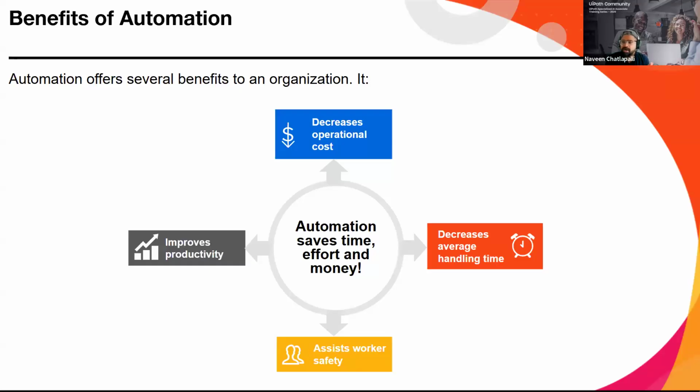If you put an automated invoice processing automation in that place, it completes within minutes or seconds and decreases the average handling time. And worker safety doesn't come into the software picture because there is no harm of any such sort. So improving productivity is one of the biggest factors here.